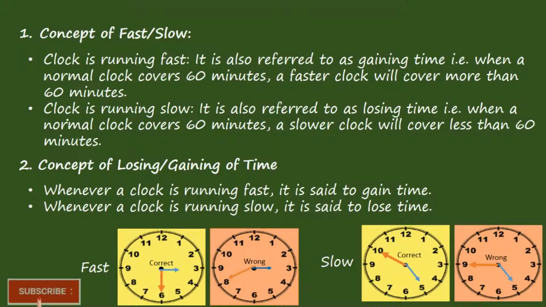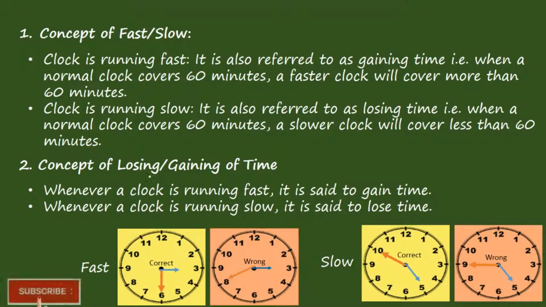Next, if a clock is running slow, it is also referred to as losing time. When a normal clock covers 60 minutes, the slower clock will cover less than 60 minutes.